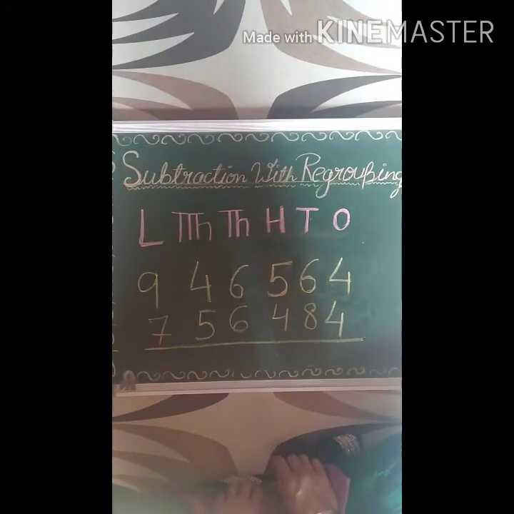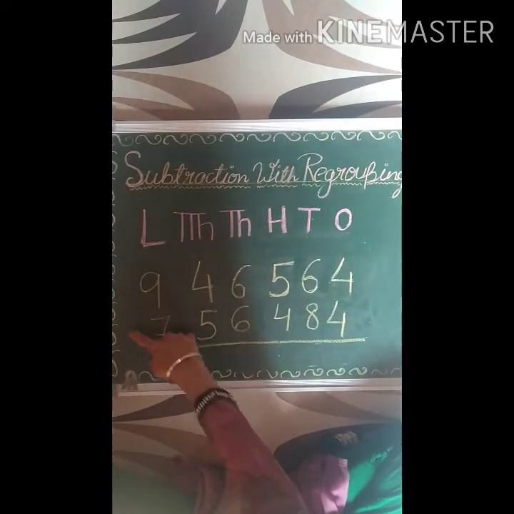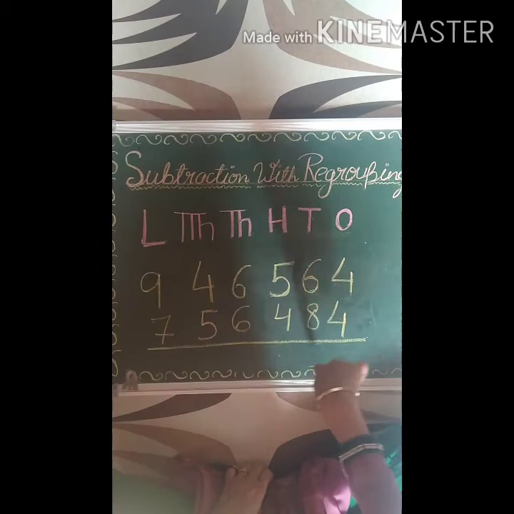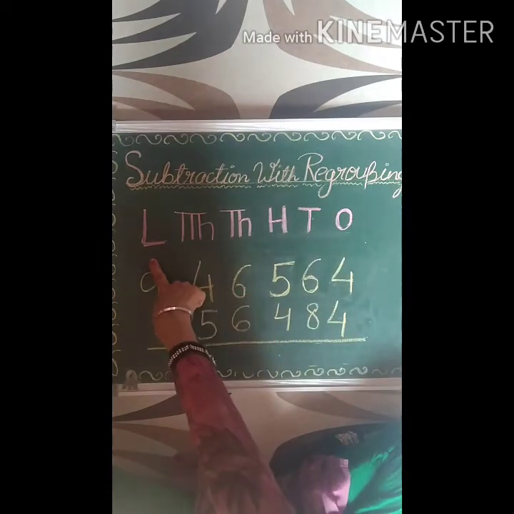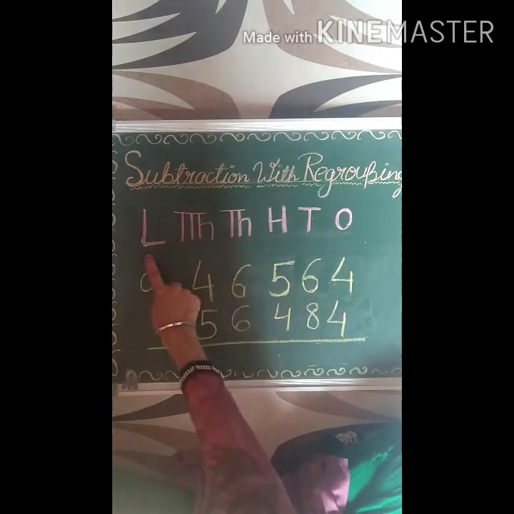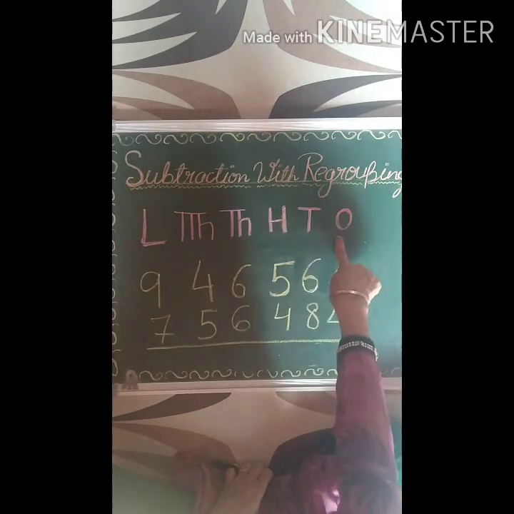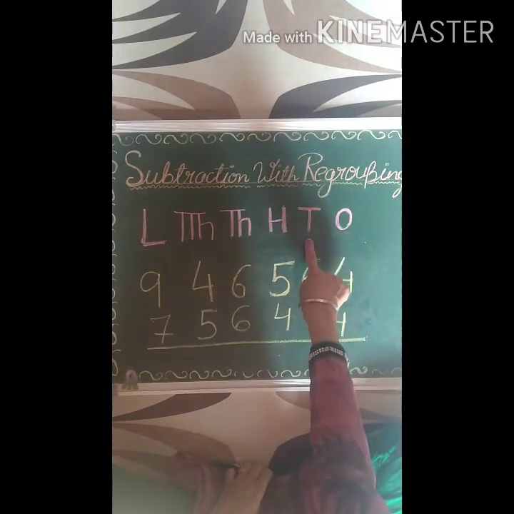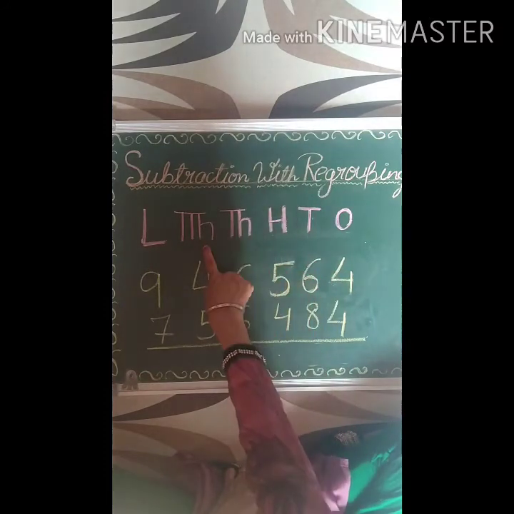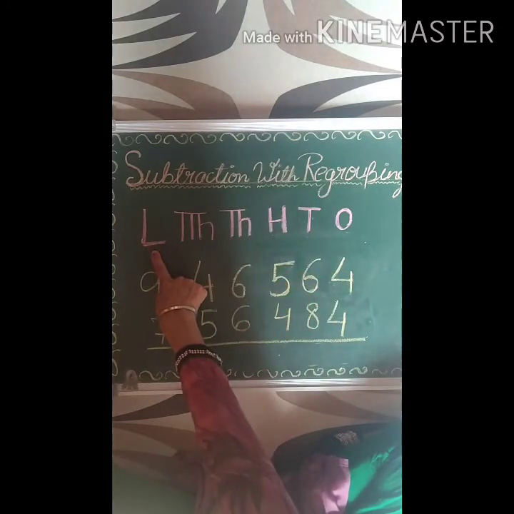Now we take one more example with some more larger numbers till lakh. First step, as we write the place value table on the above side of the number, here are ones, tens, 100, 1000, 10,000, lakh.